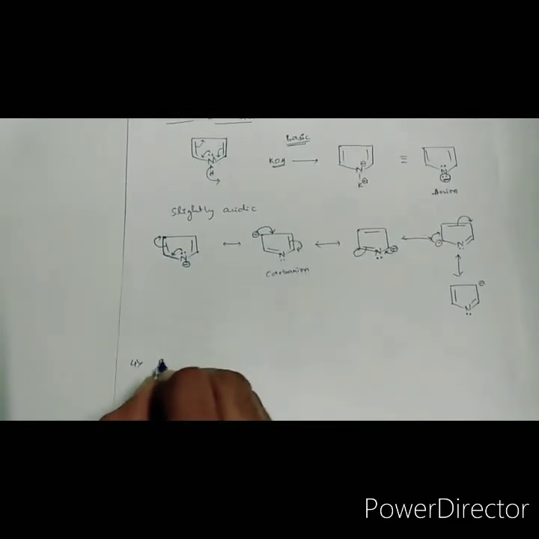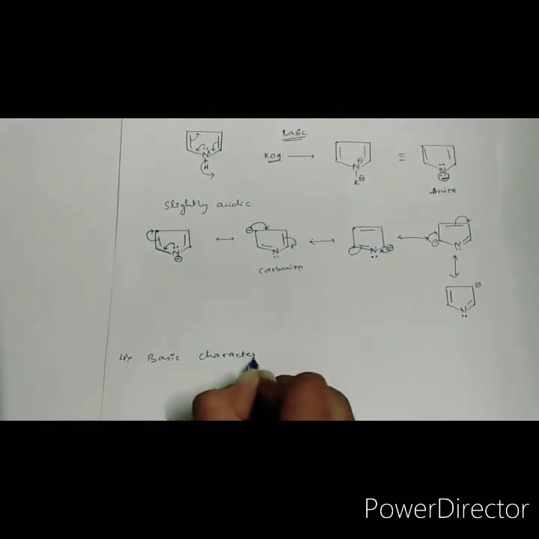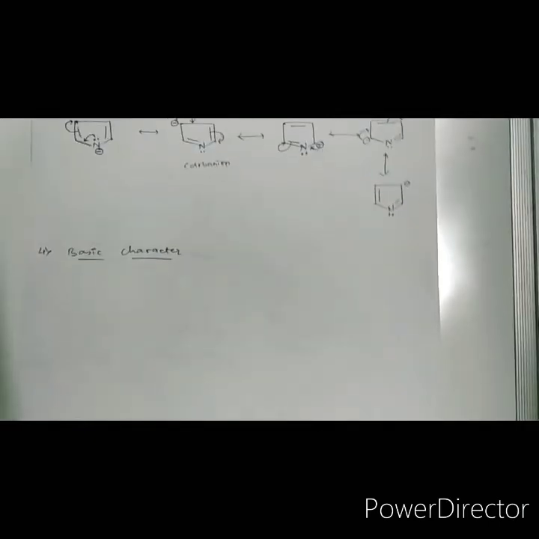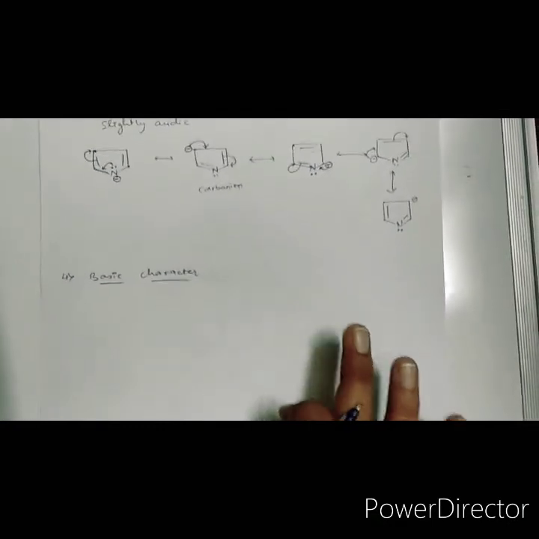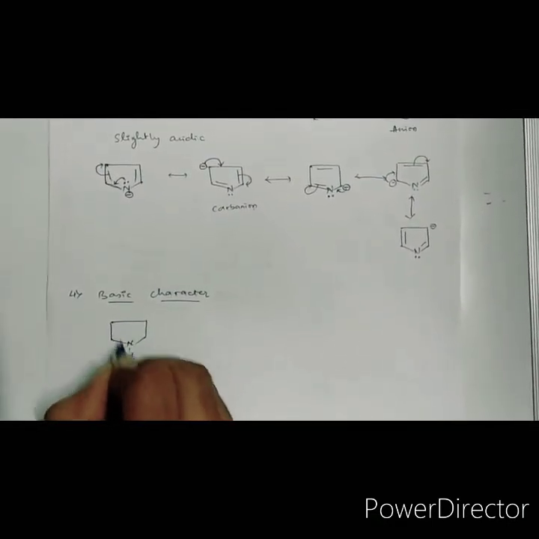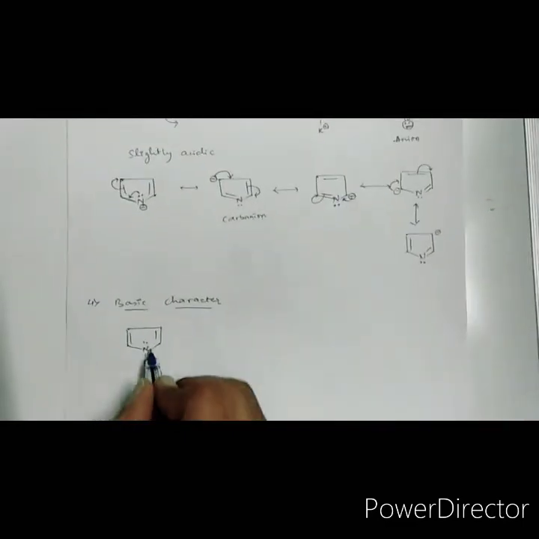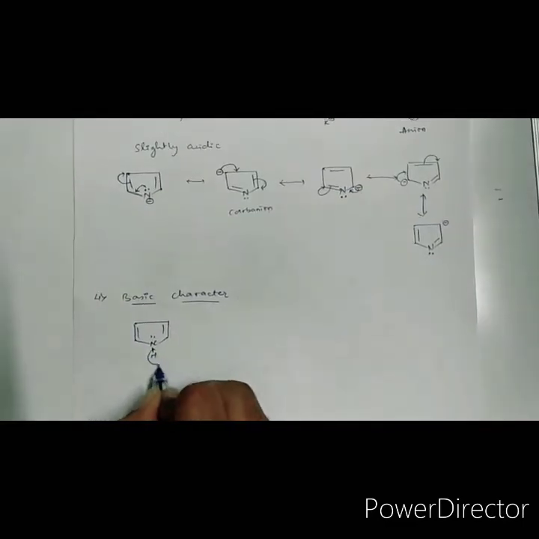So now let us see how pyrrole's basic character can be defined. This basic character can also be defined based on the presence of the lone pair of electrons on the nitrogen. In the acidic character also we had seen that it undergoes delocalization for stabilization of the anion.